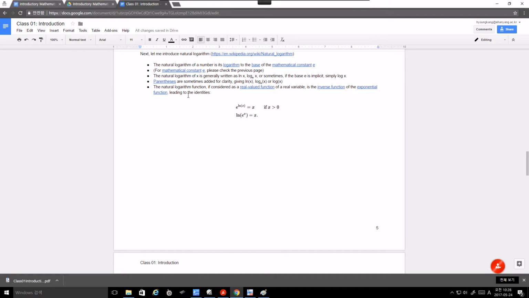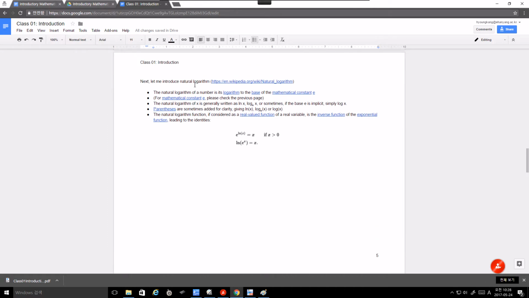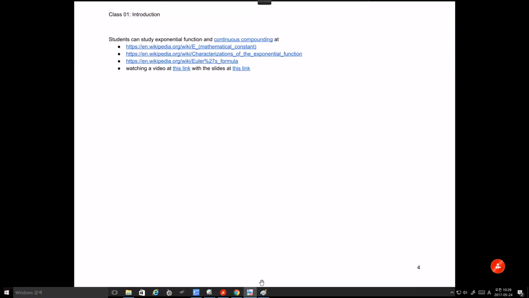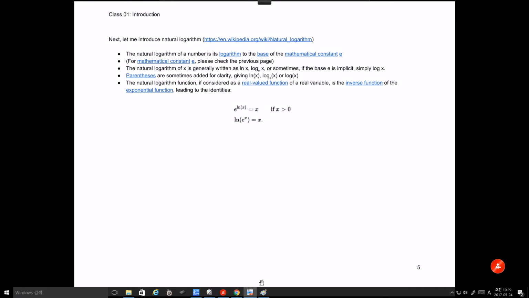Now, next, let me introduce the natural logarithm. Let me skip to our presentation PDF version, which is more convenient. The natural logarithm of a number is its logarithm to the base of the mathematical constant e. For the mathematical constant e, please check the previous page.